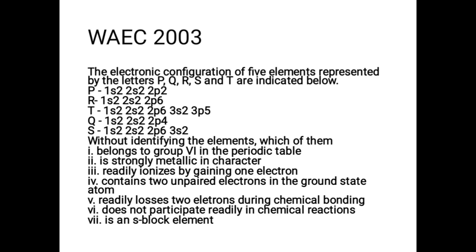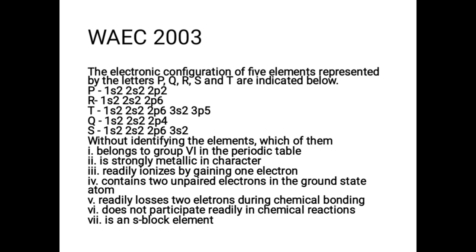Another one is oxygen. Oxygen has p4, so you fill singly first, px, py, pz, then you double. By the time you double, your px is filled, and your py and pz are unpaired. So carbon and oxygen, that's P and Q, have 2 unpaired electrons in their ground state.